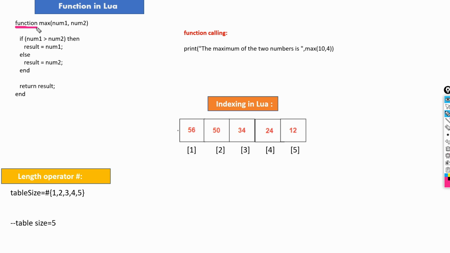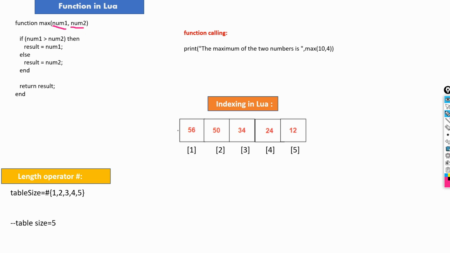In Python we write def, and in C++ we give int, like a return type. Notice that in Lua there is no return type.